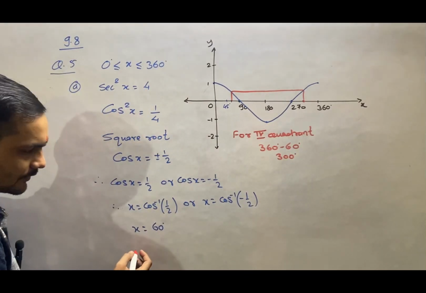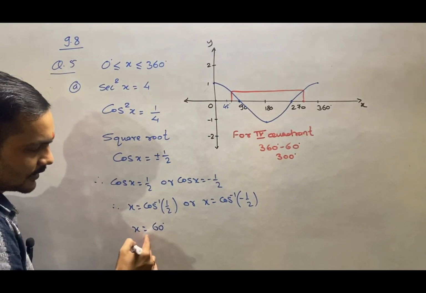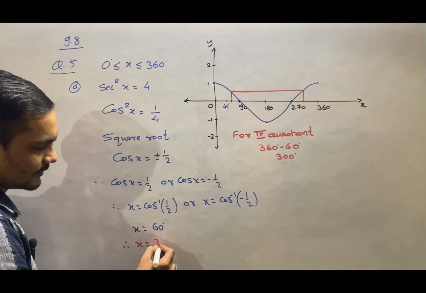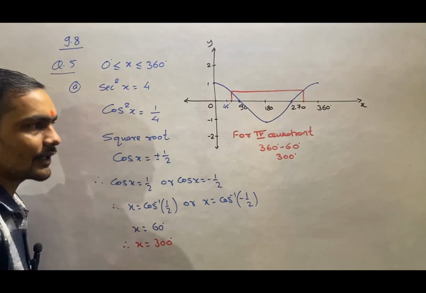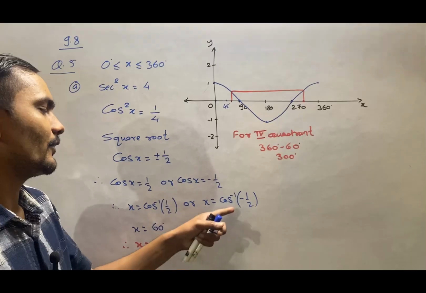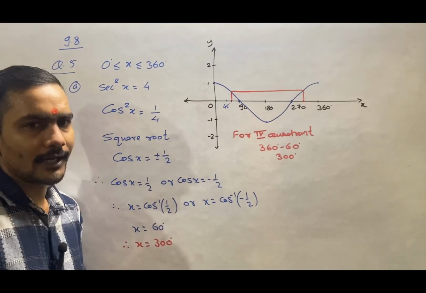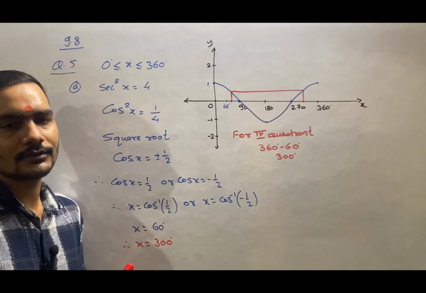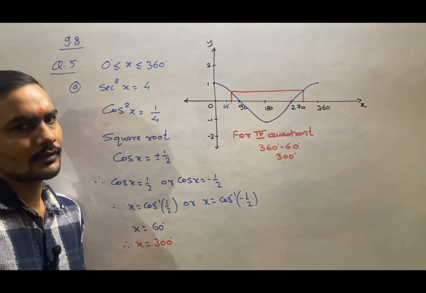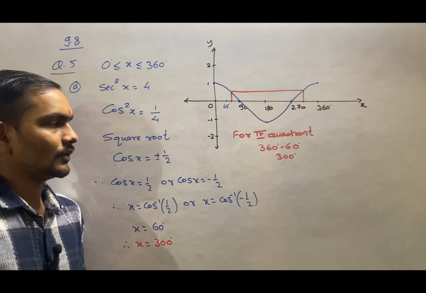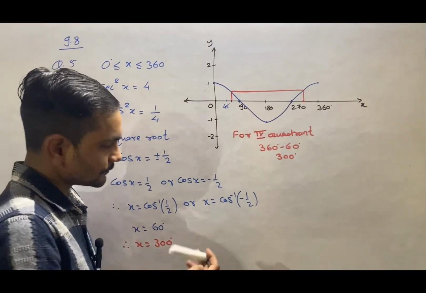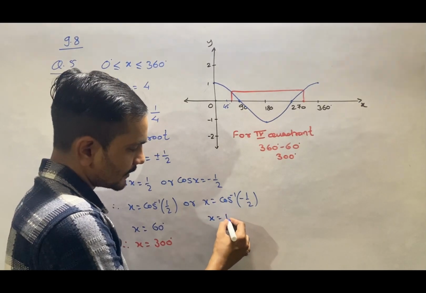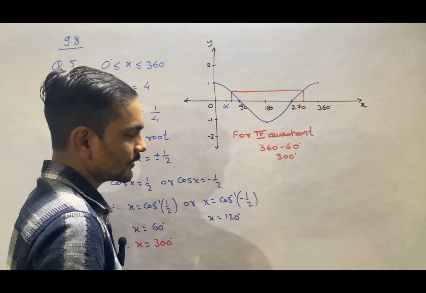So here we will get the value of x as 60 as well as 300. Now if we solve for negative 1 over 2, at which angle will we get negative 1 over 2? 120. So here we will get x equals 120.